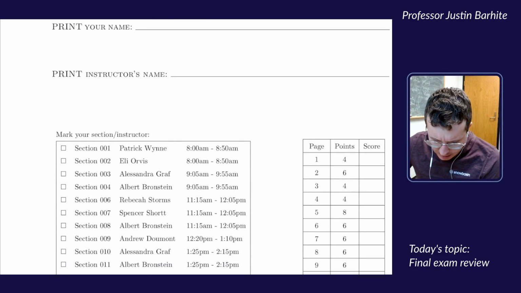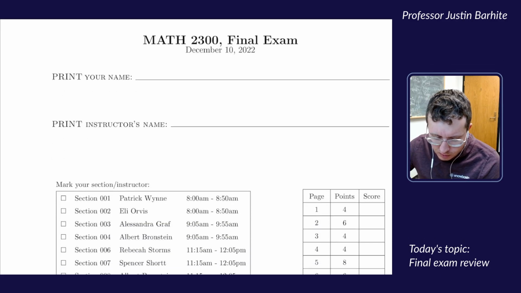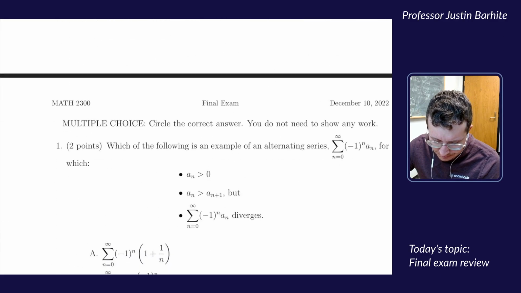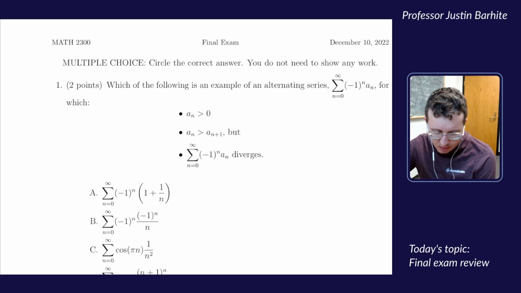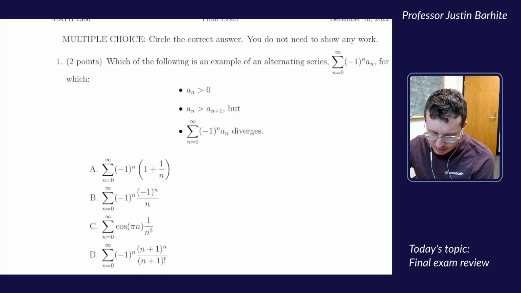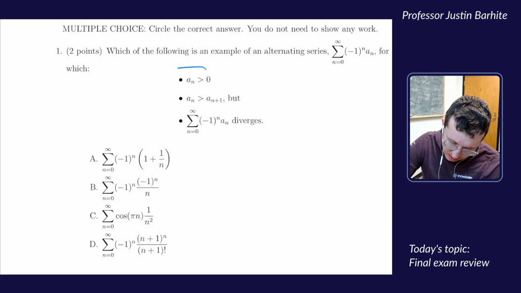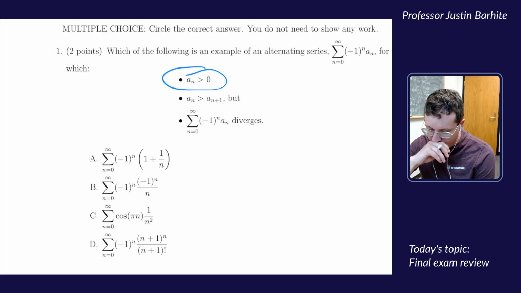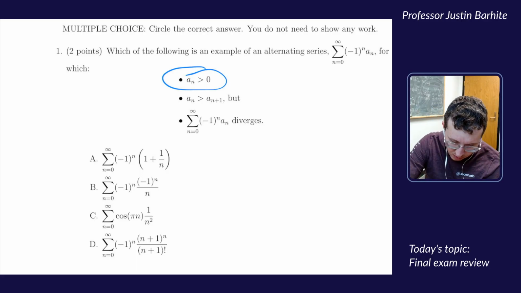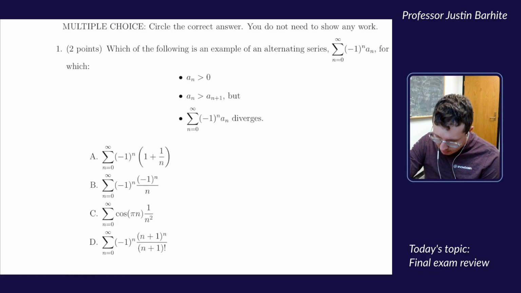All right, so I'm going to start with the fall 2022 final exam. Multiple choice. Each of these is an example of an alternating series for which all of the ANs are positive, meaning that the series actually does alternate.